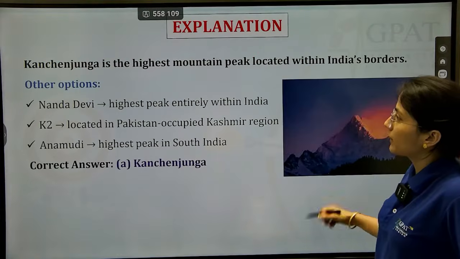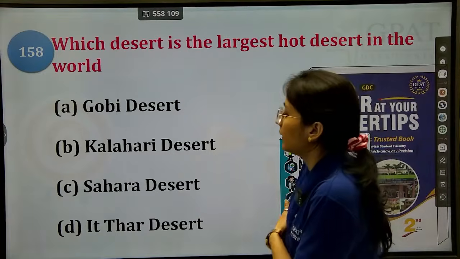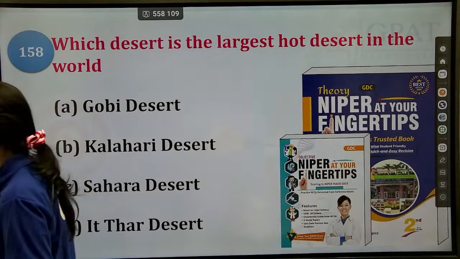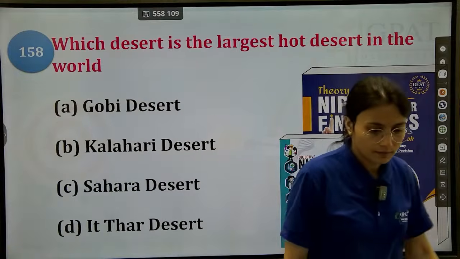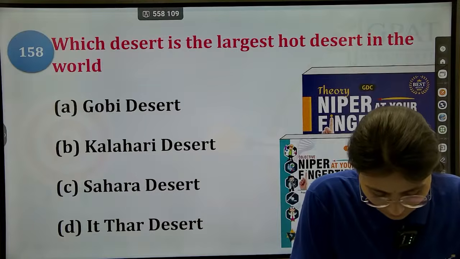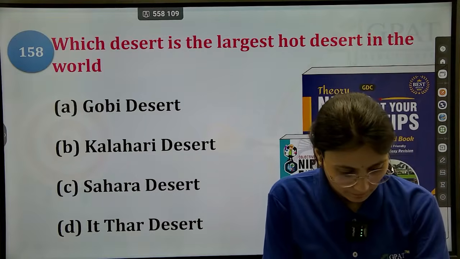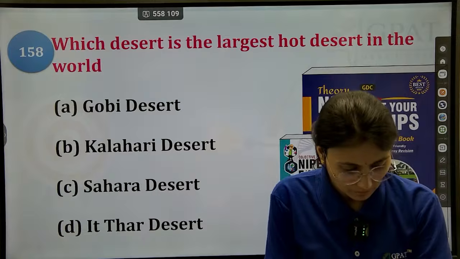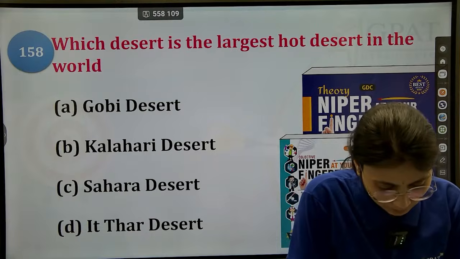Now move to the next question. Which desert is the largest hot desert in the world? Gobi Desert, Kalahari Desert, Sahara Desert, Thar Desert. Kanchenjunga, very good Vasundhara.